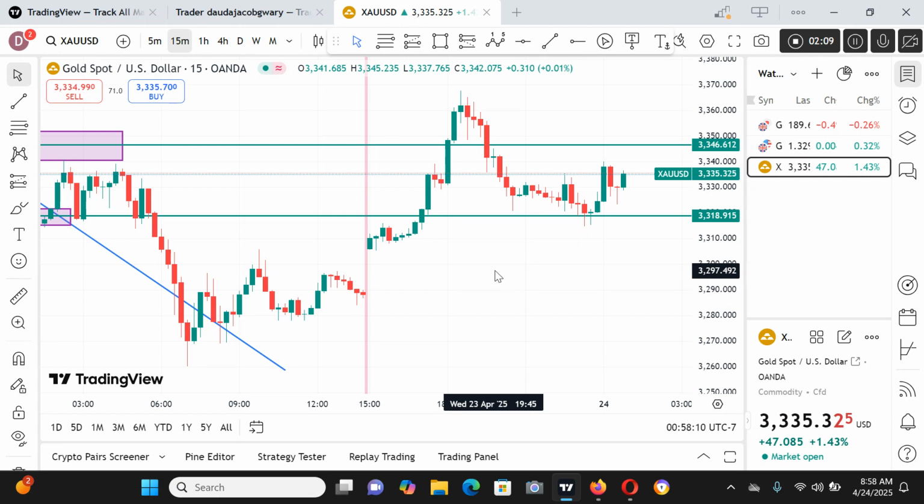We use psychological level as support and resistance. Psychological levels often act as support and resistance. When the price approaches a psychological level, it may struggle to break through, as traders might place buy or sell orders at those points.